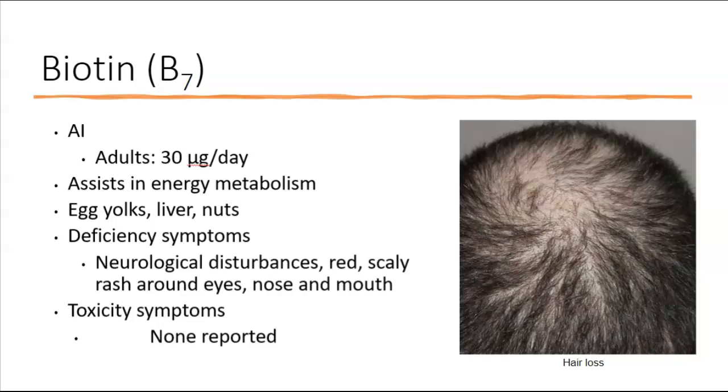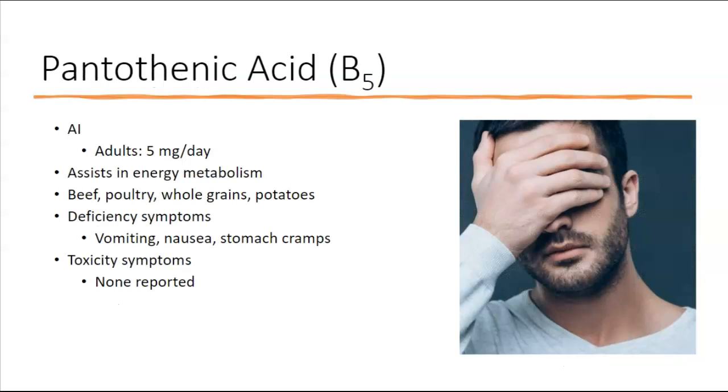Deficiency symptoms are neurological disturbances, red scaly rash around the eyes, nose, and mouth. And toxicity symptoms, none are reported. Your book does not provide a biotin in selected foods chart, so we'll move on to pantothenic acid.